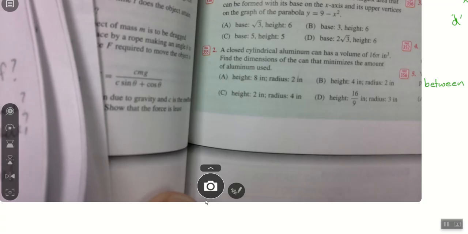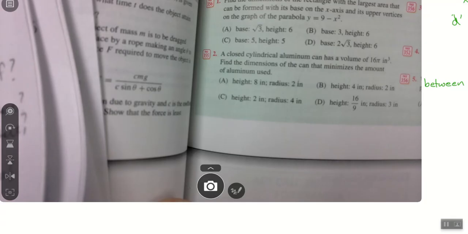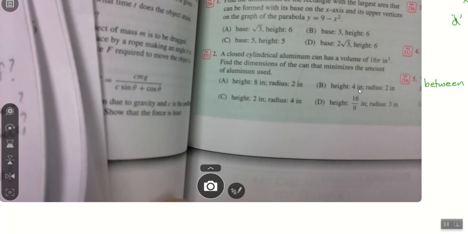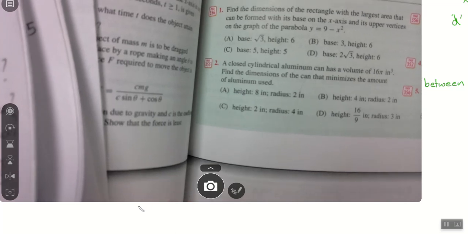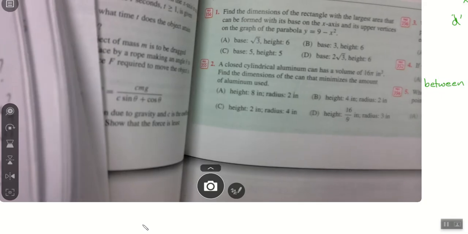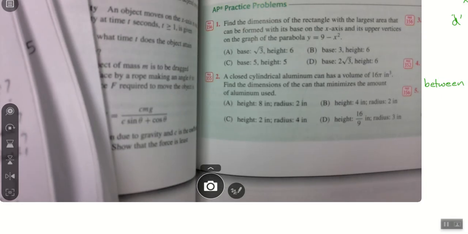Okay. Like 16 by 4? Or just none of these answers? 16 over 4 is 2, 4, right? Oh, so it'd be B? Okay. All right. So let's dig in. Let's see which one it winds up being. And I was trying to figure out why I wouldn't turn here, but that makes sense.